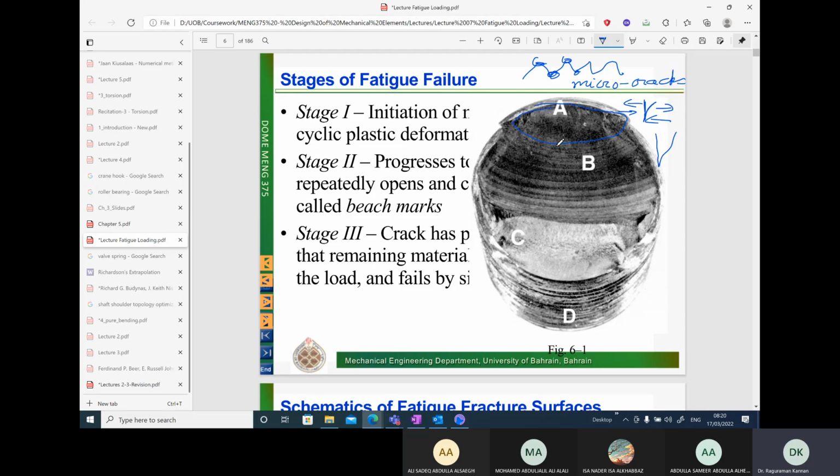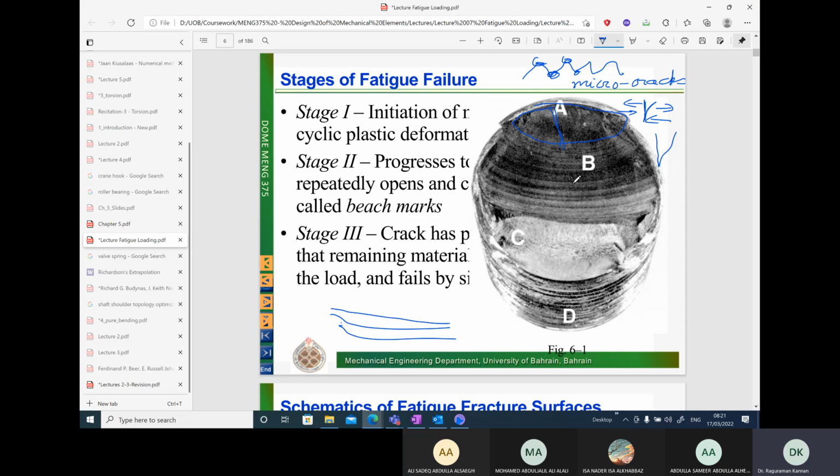Then as the crack grows and goes inside in depth, maybe it's a very small crack, it starts forming what are called beach marks. What are these beach marks? If you go to the sea and look at the sand, because of the waves, you will have many marks like this on the sand. In the same way, due to the cyclic load, many beach marks are formed on the cross section. So this is one of the signs.